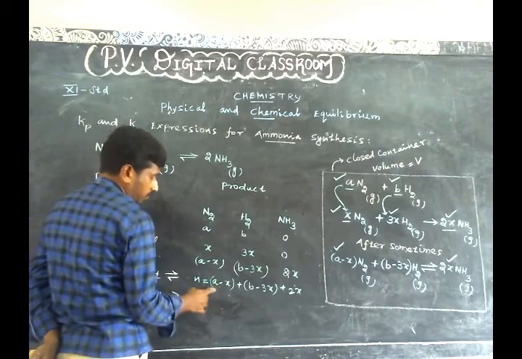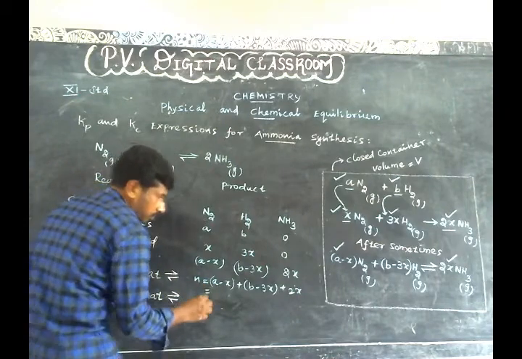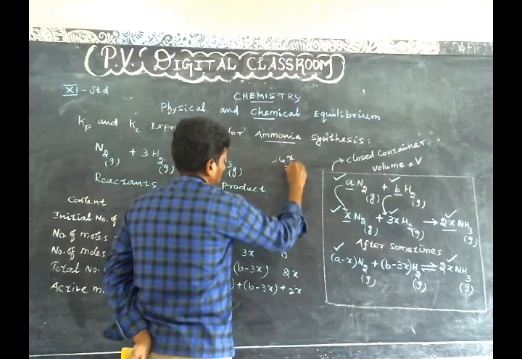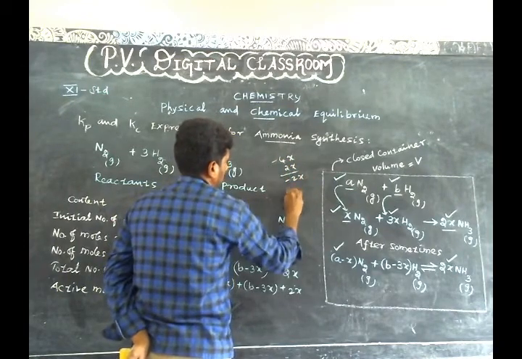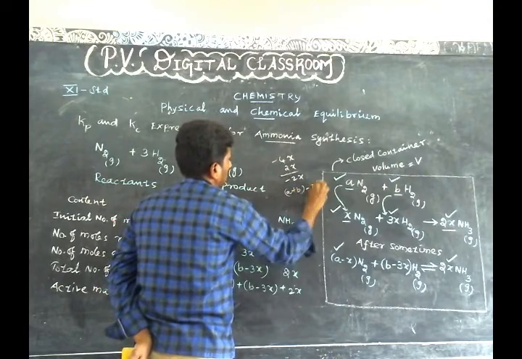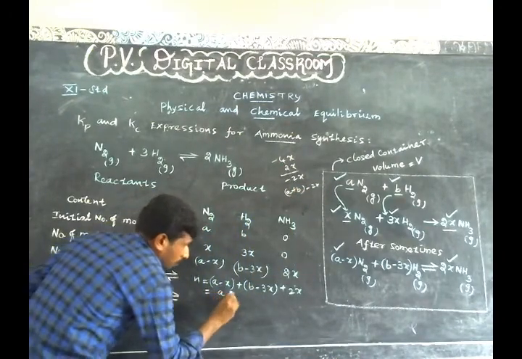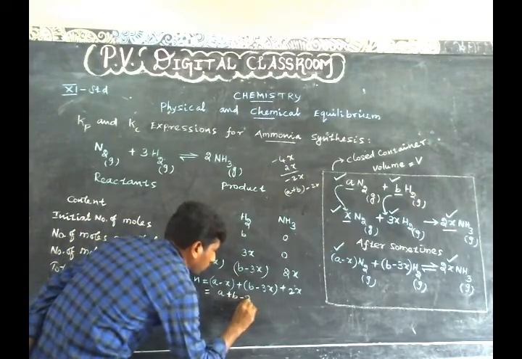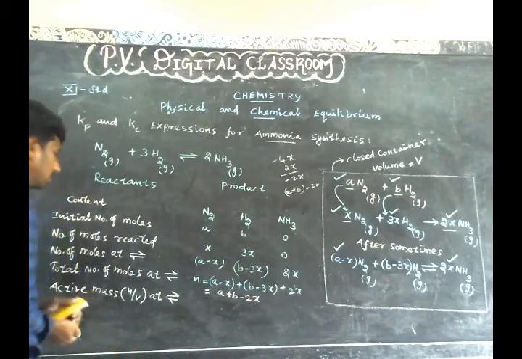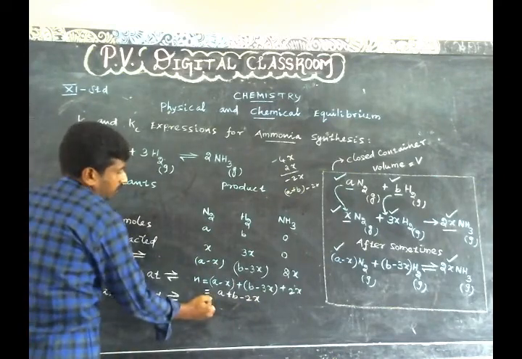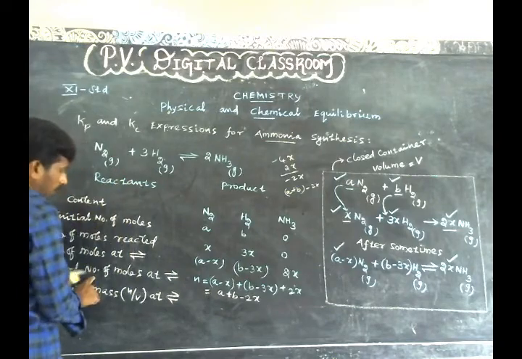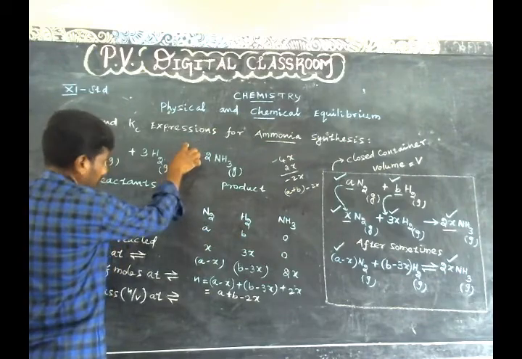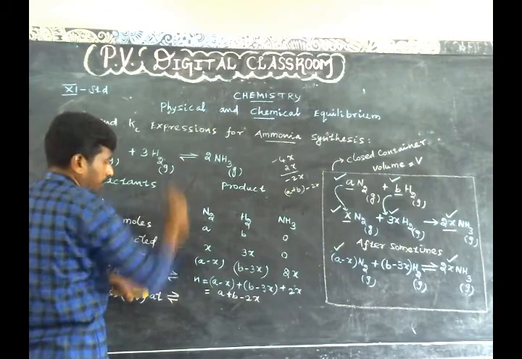On simplification, it gives A plus B minus 2x, which is equal to the total number of moles of various substances present in the given reaction at equilibrium.